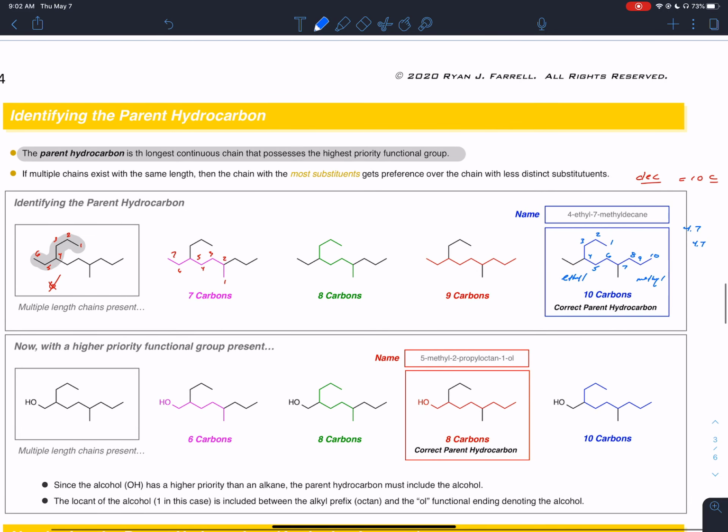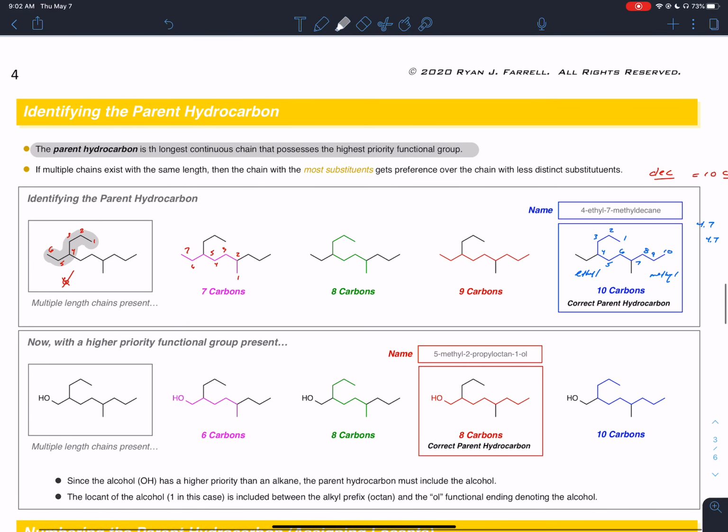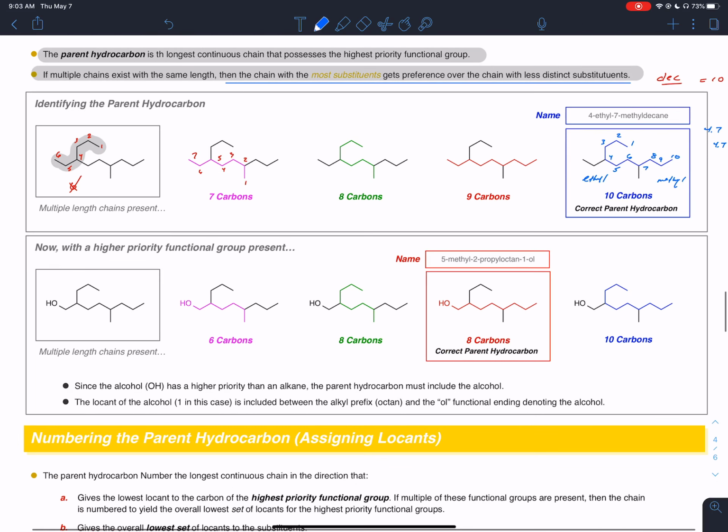Now, coming back up to the second bullet point, if it's the case that there are two chains tying for that longest continuous chain, how we then pick the correct parent hydrocarbon is we go with the chain that then gives us the most substituents, the most branches. That is, again, if two chains tie for the overall longest chains, we default to whichever chain would give us the most substituents, okay?